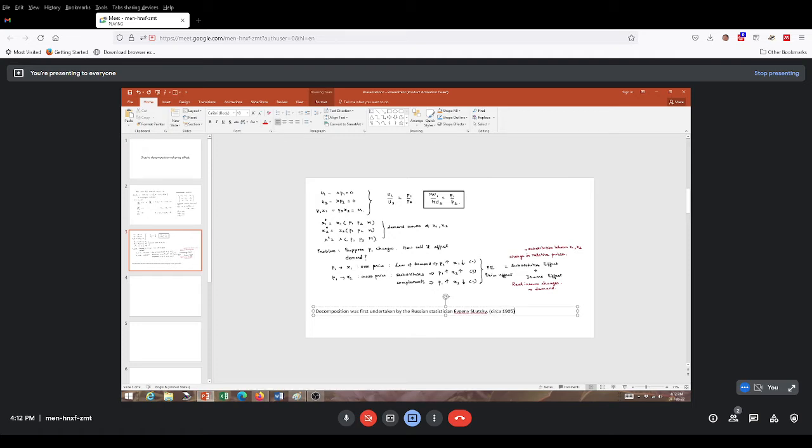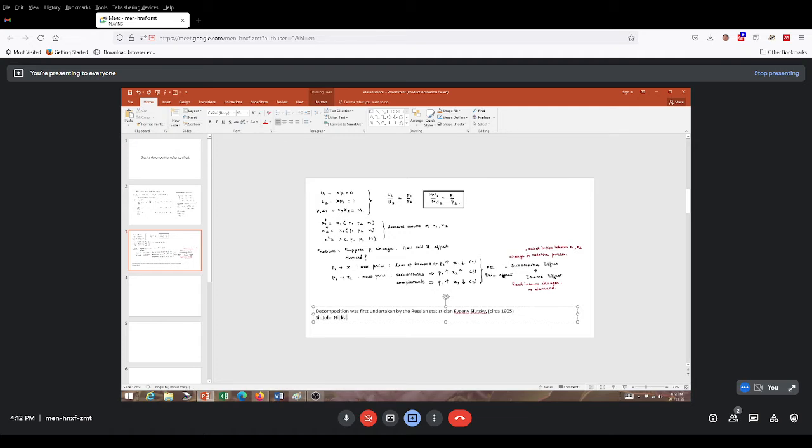Circa means 1905, so it's written as c dot also. Subsequently, he derived a mathematical definition, and the graphical, intuitive definition was subsequently modified by Sir John Hicks.